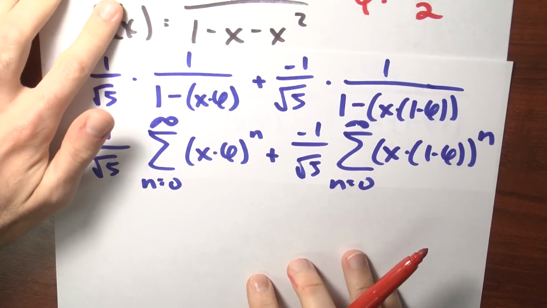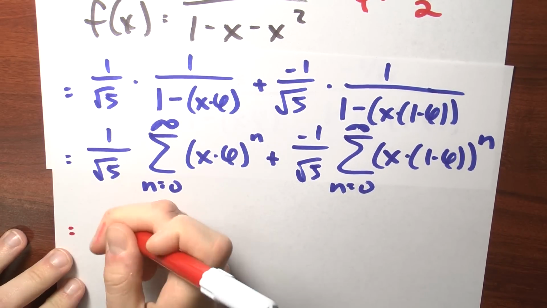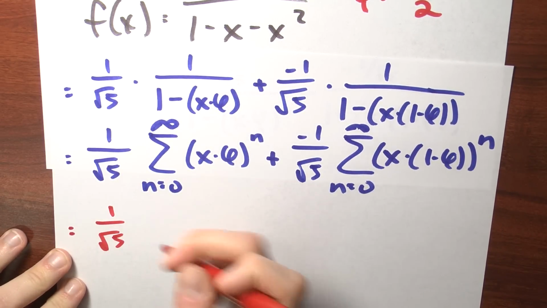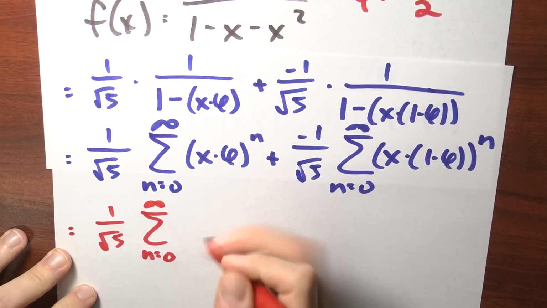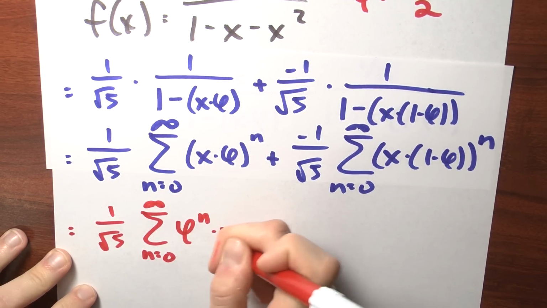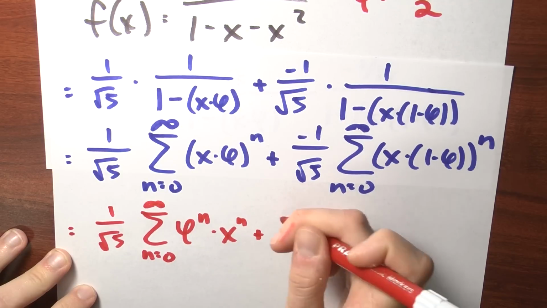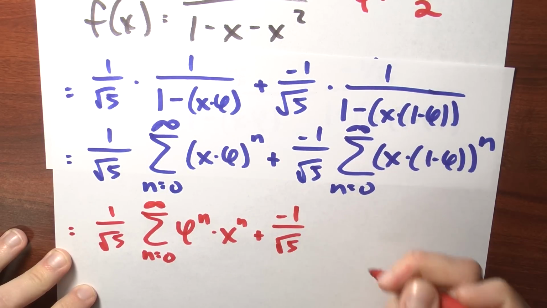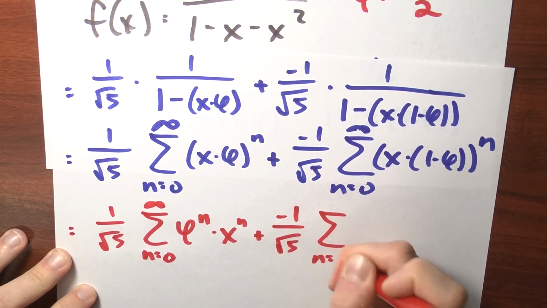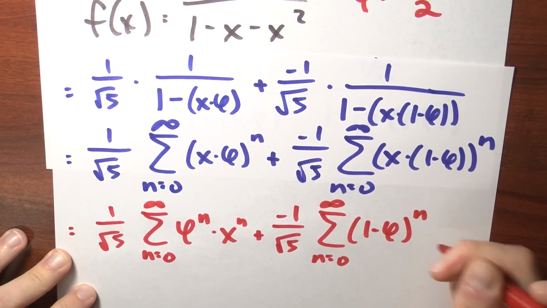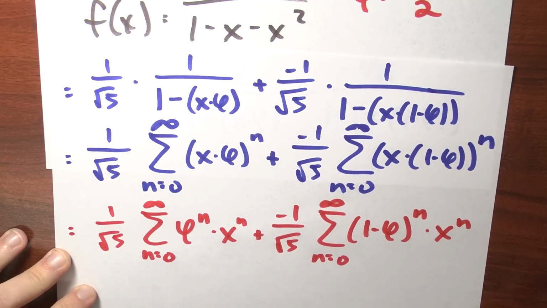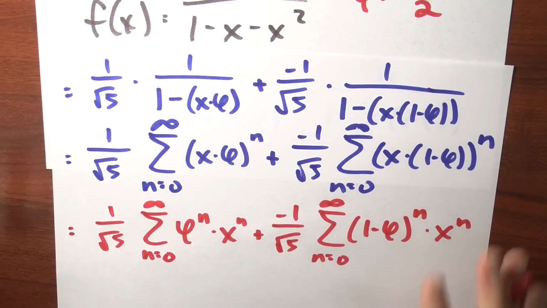Okay, so this is 1 over the square root of 5 times the sum, n goes from 0 to infinity, of phi to the n times x to the n, plus negative 1 over the square root of 5 times the sum, n goes from 0 to infinity, of 1 minus phi to the n times x to the n. And now I'm going to write this just as a single power series.